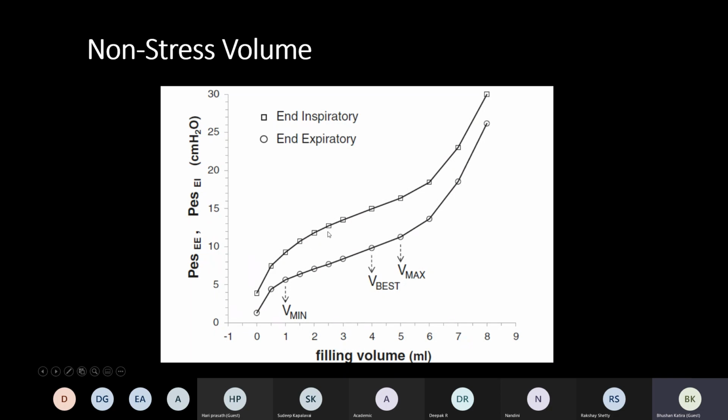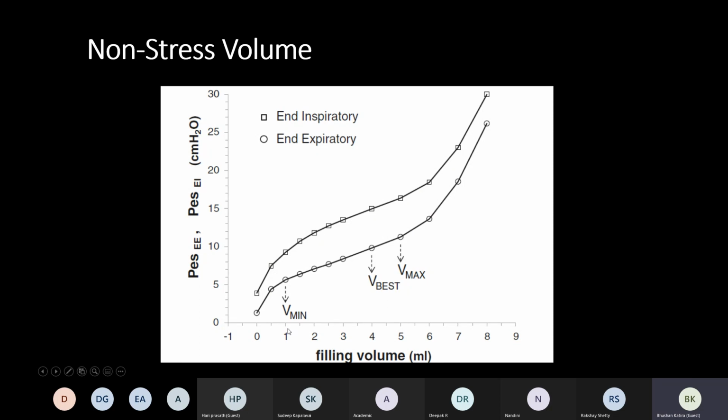The inspiratory pressure also follows the same curve. The balloon volumes below and above where the slope is steep indicate underfilling and overfilling. This is not where we want to be.